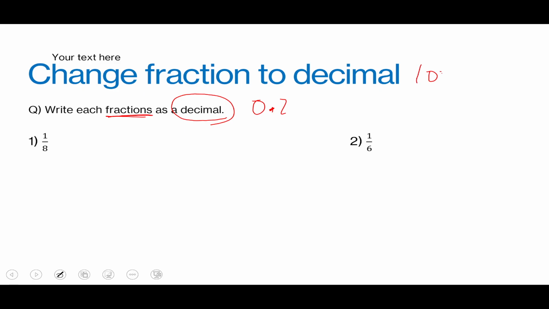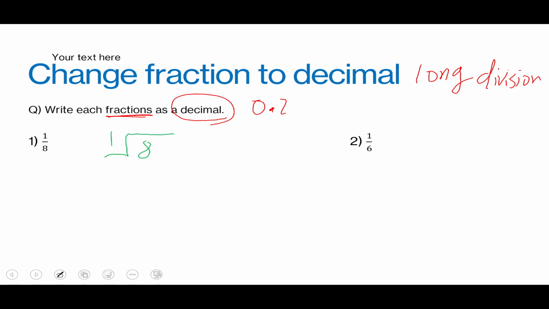Long division. Okay? I will draw the long division in here. But how can I write 1 over 8 into this long division? Can I write it like this, 1 and 8?